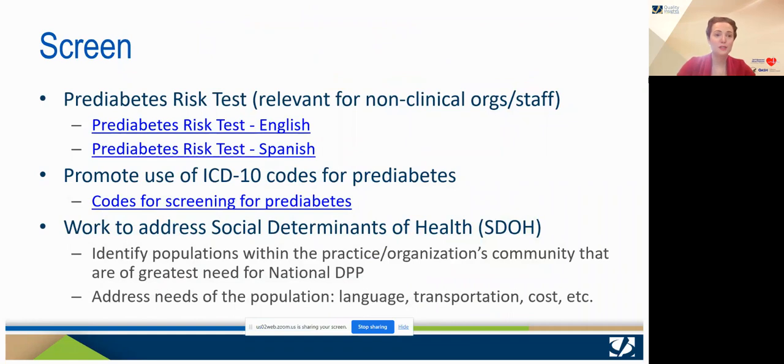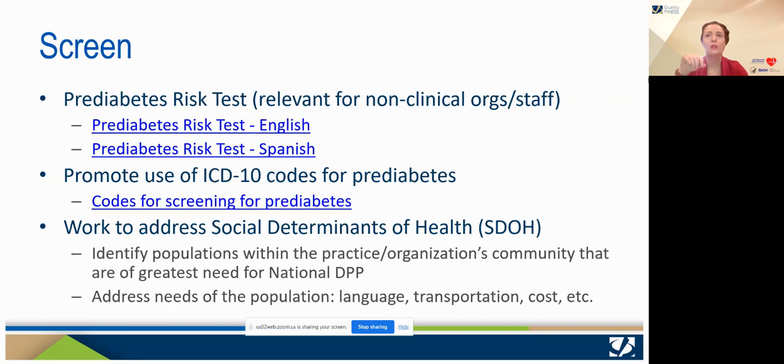Which brings me to screening. The first thing I will say is that screening is an excellent option for those at community-based organizations or those out in the field without the ability to run reports or do clinical testing. We'll be talking about testing later, but when it comes to prediabetes, a screening tool that we recommend is the prediabetes risk test.